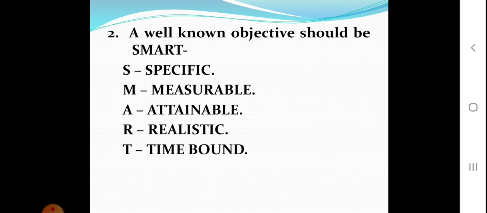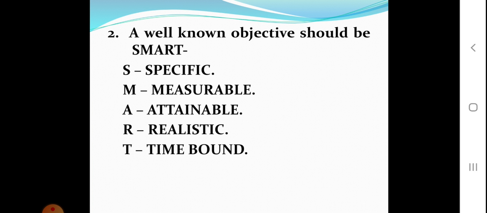Specific means clear about what, where, when, and how the situation will be changed. Measurable means able to quantify the targets and benefits. Attainable means able to attain the objectives, means knowing the resources and capacities at the disposal of the community.